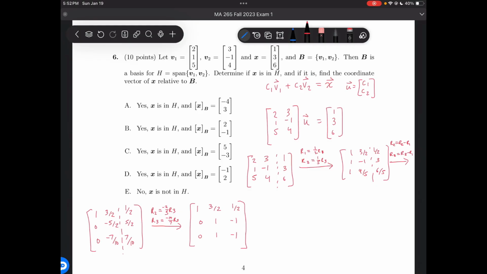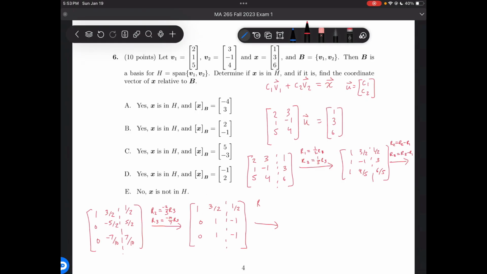Row reducing to echelon form will give us a convenient way to find the solution for u, so c1 and c2. Now we have a pivot here. We need to get a pivot in the second column as well.